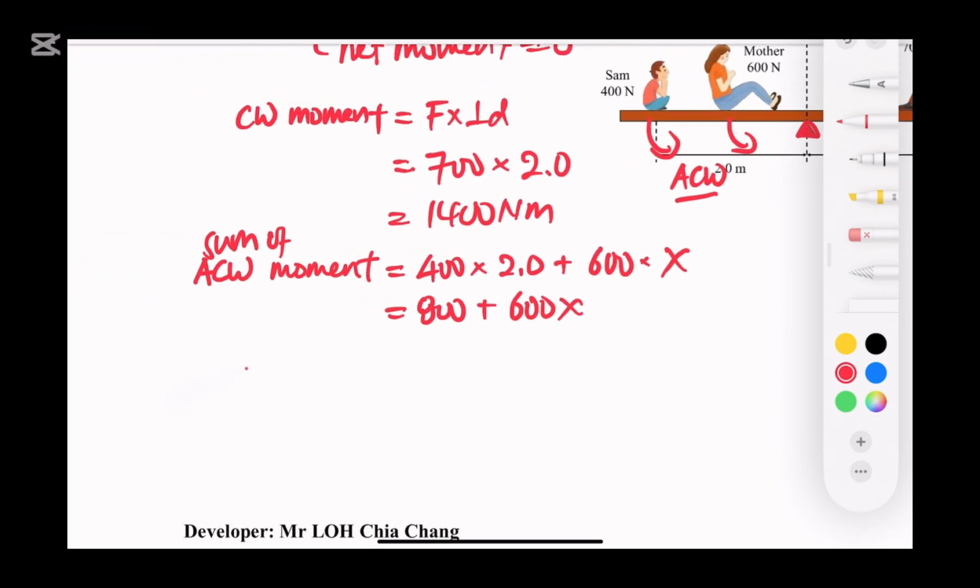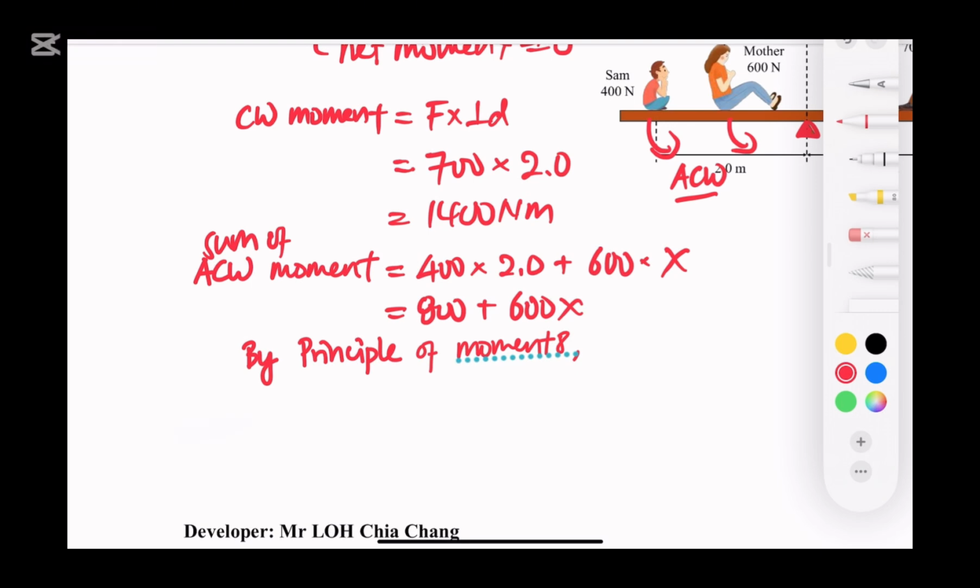Since this object is in equilibrium, for your presentation purposes, write down the line: by principle of moments. By principle of moments, it says that the object, the plank, the seesaw, is in equilibrium.